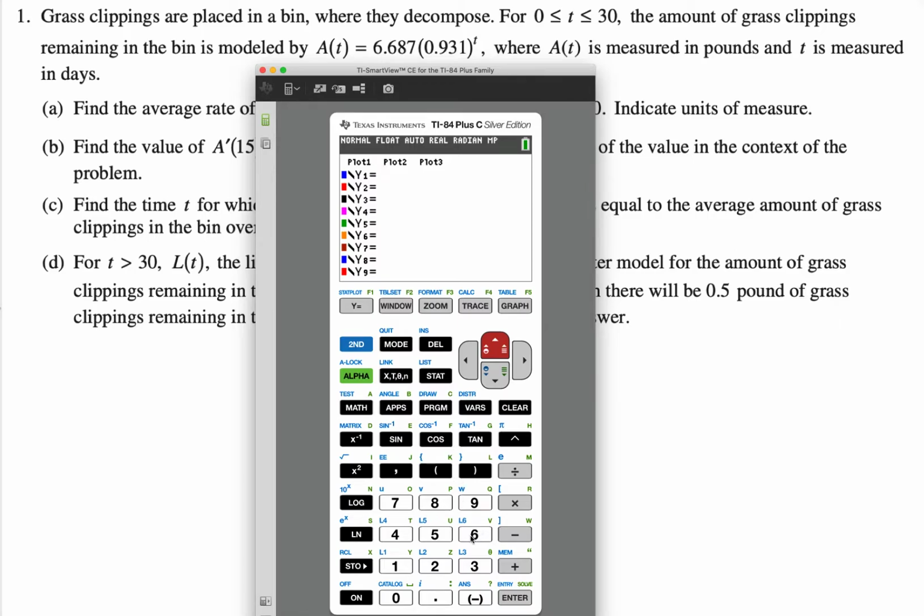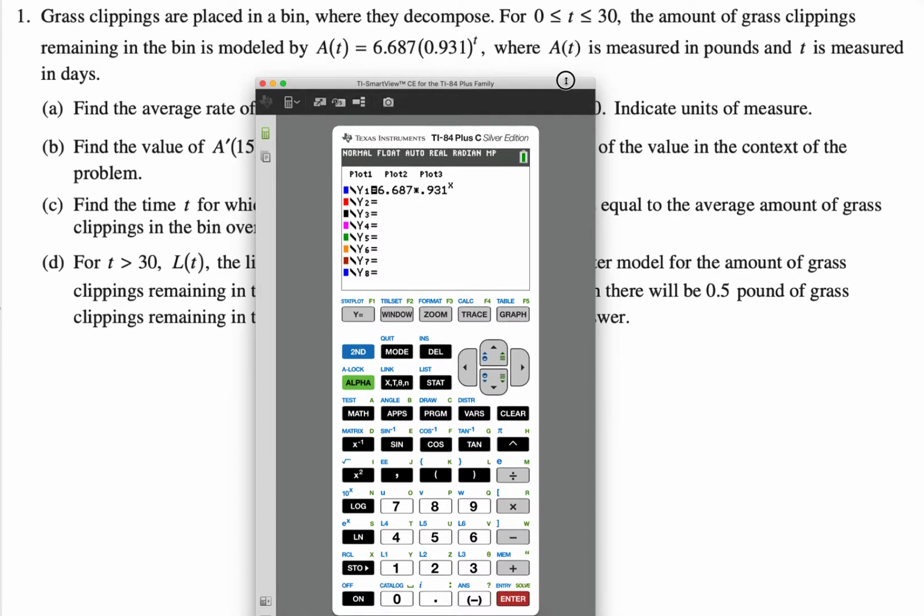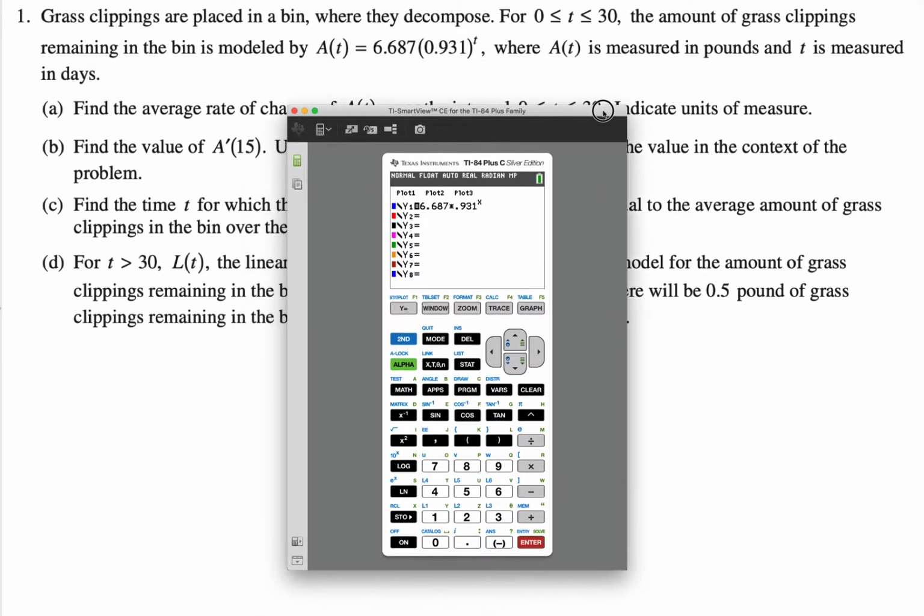So I'm going to enter 6.687 times 0.931 to the t power. I'm just going to call it x.